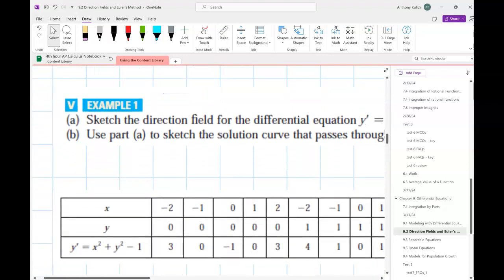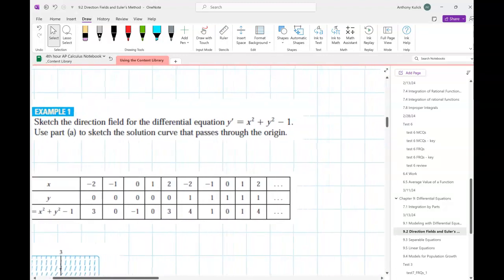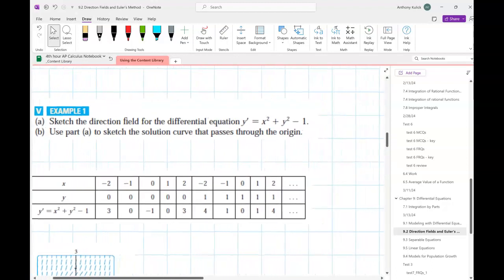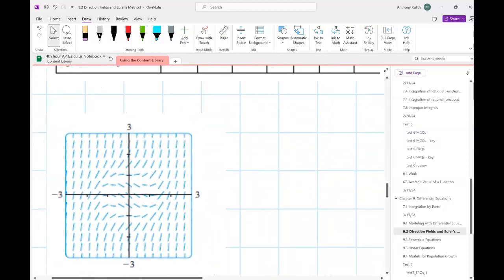All right, so let's look at an example. Here it says to sketch the direction field, that means slope field, for the differential equation y prime equals x squared plus y squared minus 1. So this is me showing the work that you'd have to do. This looks super annoying, right? I'm not actually going to ask you to do that. Here it is.